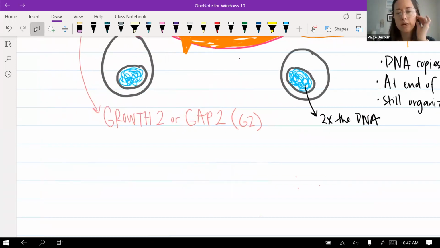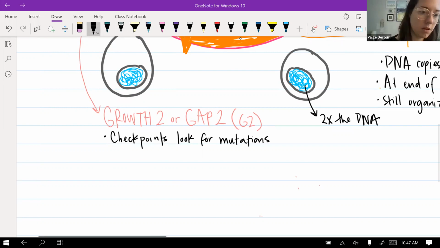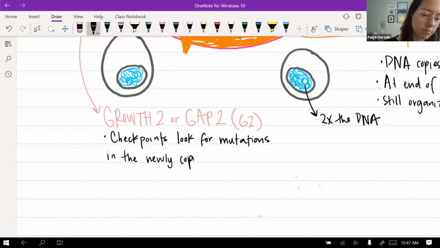Okay, so in growth 2 or gap 2, the most important thing that happens is some checkpoints. So checkpoints look for mutations in the newly copied DNA.